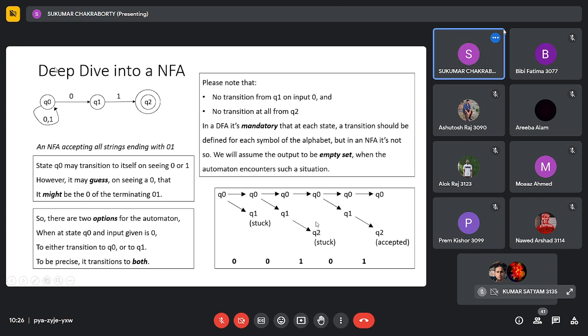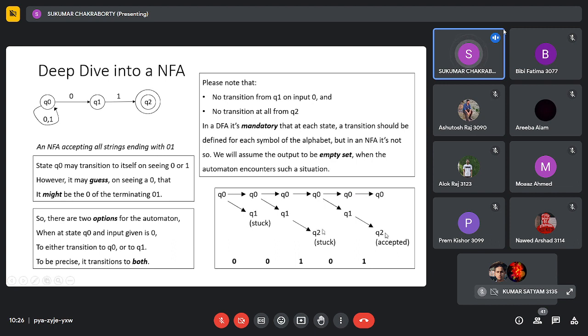Now you feed another 0. At Q2, you are feeding a 0, it's dead, because at Q2 there is nothing defined. So this is the end of this branch. But Q0 on 0 again forks two branches, Q0 or Q1. And then a 1 again, so Q0 and Q2.